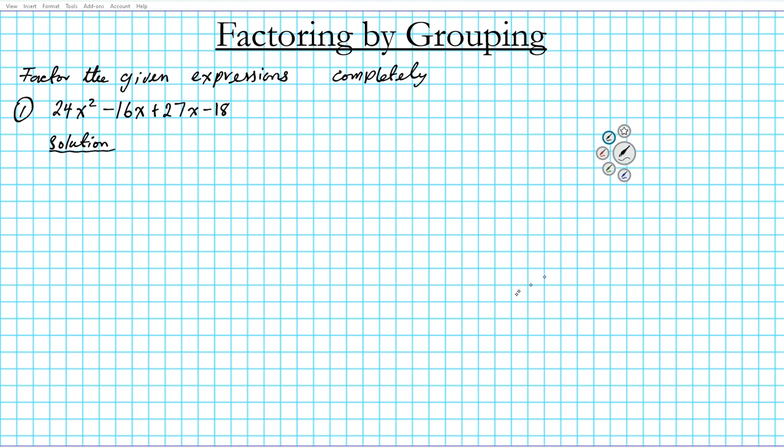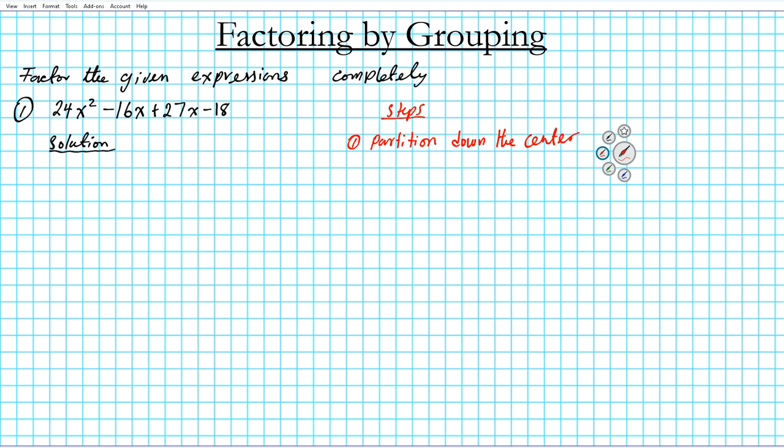Before we get started, let's take a look at the steps that are going to guide our factorization process. Number 1 is basically a visual alteration: you're going to partition the expression down the center.